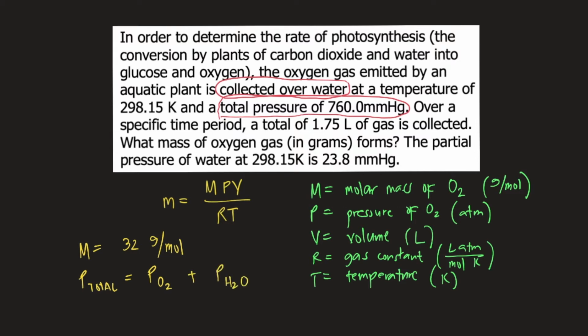This is an application of Dalton's law of partial pressure, which states that the total pressure is equal to the sum of the partial pressures of the gases. We are given the total pressure, which is 760 millimeters mercury. We don't know the pressure of oxygen gas yet, but we know the pressure of water, which is given as 23.8 mmHg.